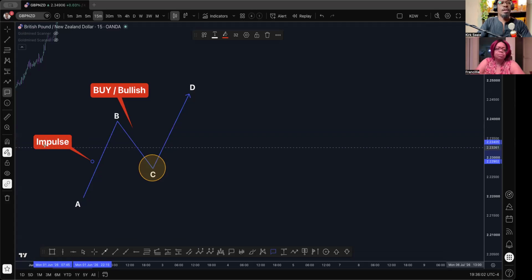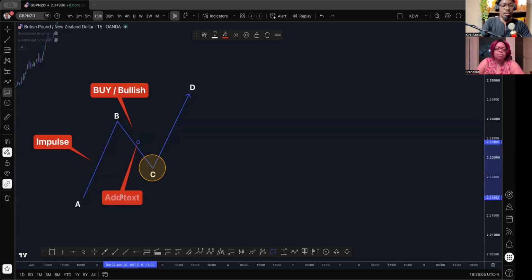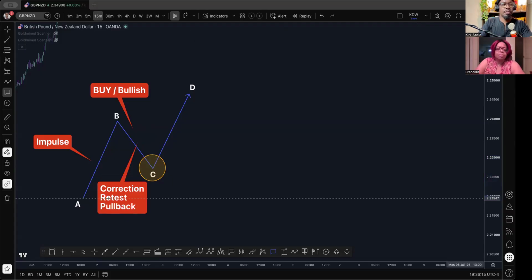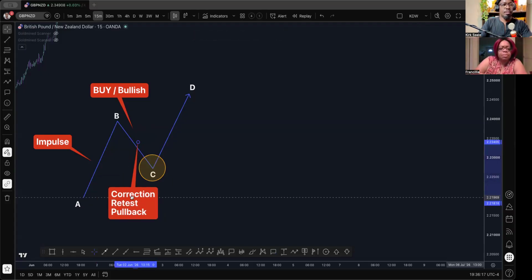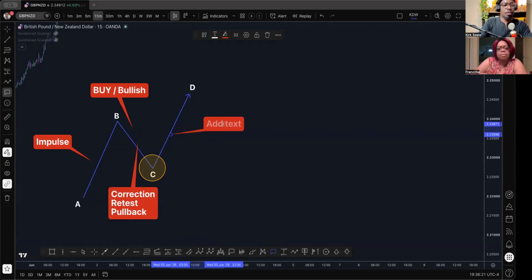So it's a sudden move going up, A to B. The second phase is called the correction, or you can call it a retest, or you can call it a pullback. And then the last one is called the continuation.